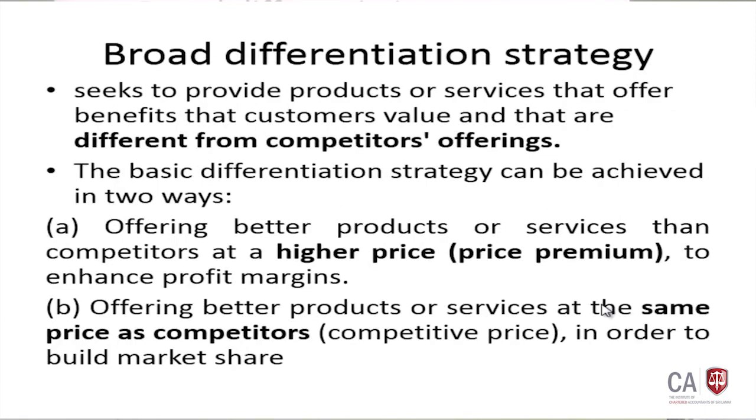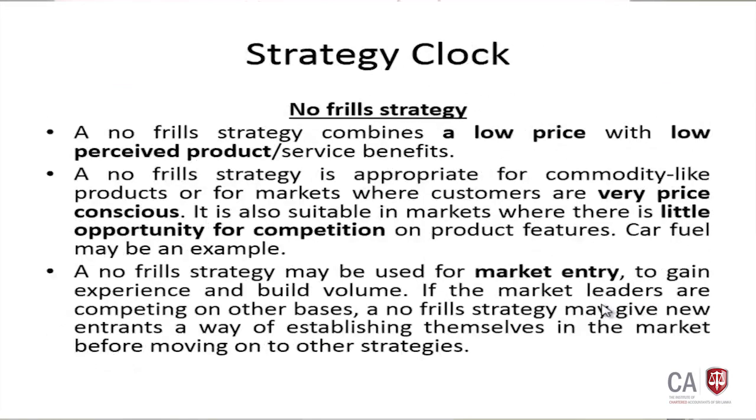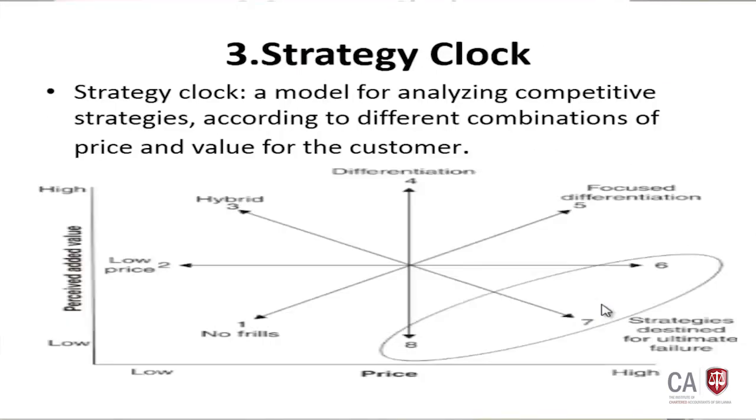Broad differentiation strategy. Here you are trying to offer the highest value from the products. If you go to the model, it's clear. See here, perceived added value is at the highest level, but price is at the medium level.